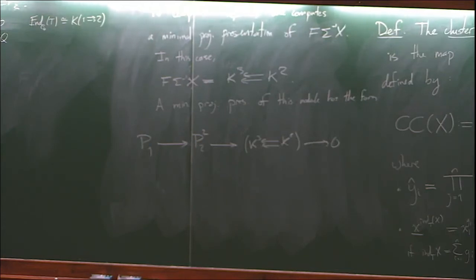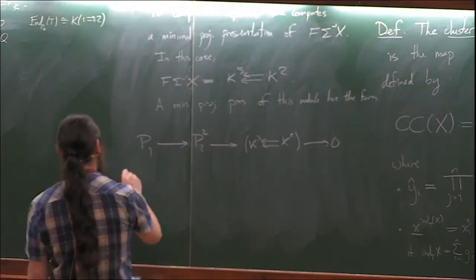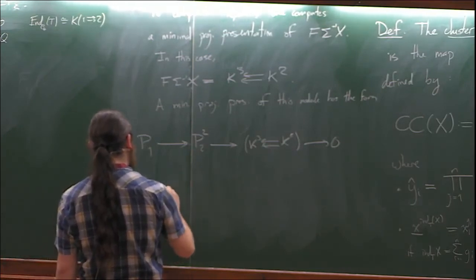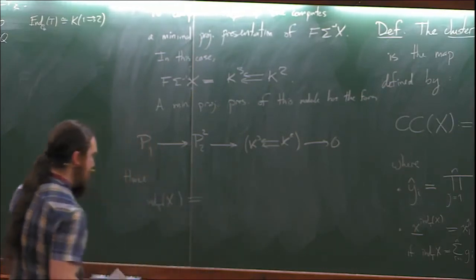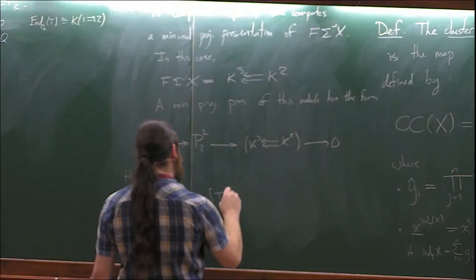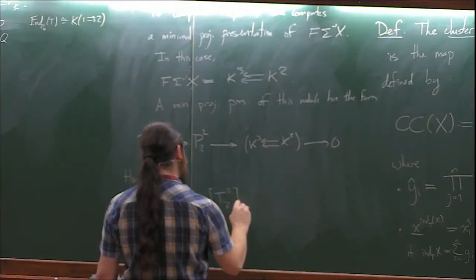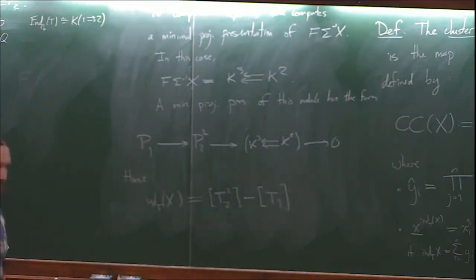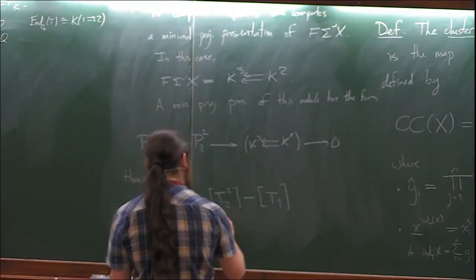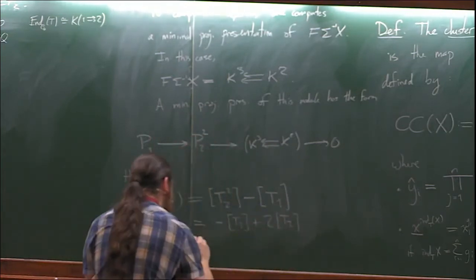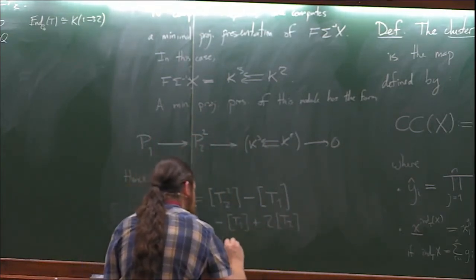I have mentioned that this is the case in my first lecture. And once you have this, you can lift this into the cluster category and compute the index of X. It will be 2 copies of T2 minus 1 copy of T1. So this is minus T1 plus 2 times T2. Or if you want to write this as a vector, this is the vector (-1, 2).